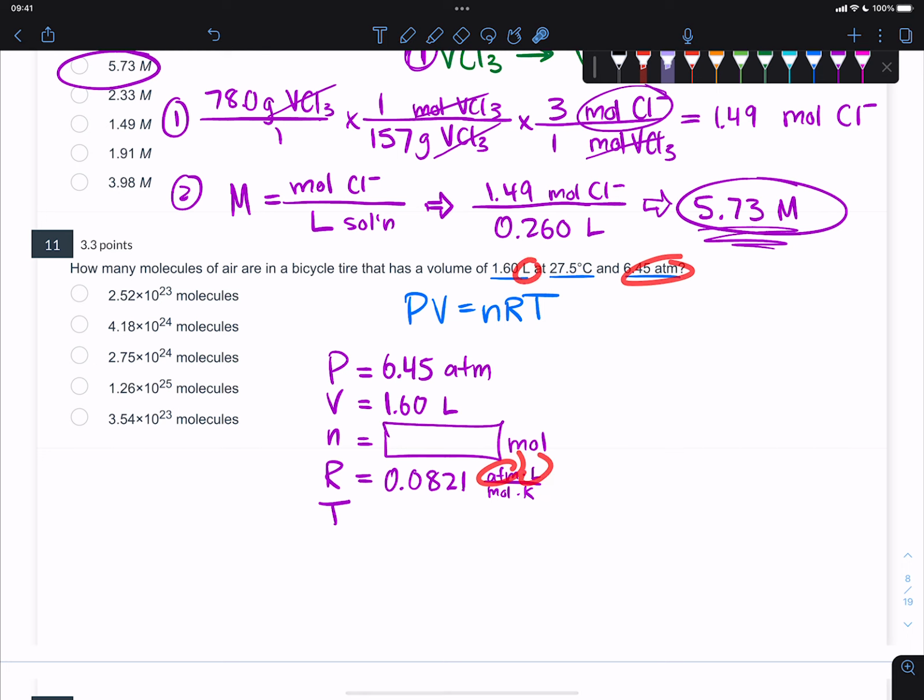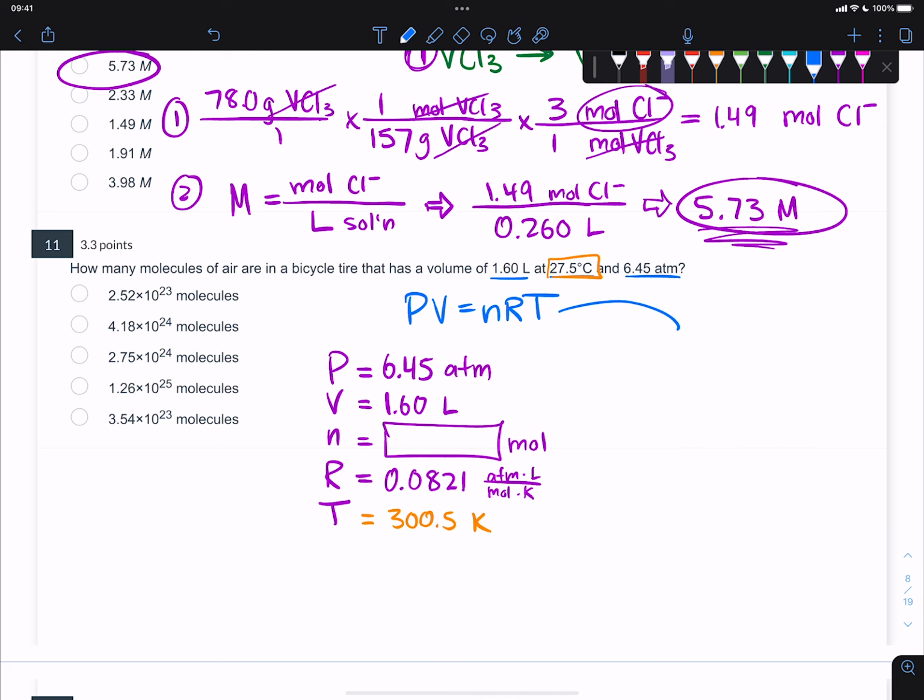We have liters, good. We have moles, well, we will have moles. And we have Kelvin, which is slightly problematic, but we can fix that here. Remember that the temperature needs to be in Kelvin, so 27.5 plus 273-ish is about 300.5. We're not really worried about sig figs right now, and that's Kelvin.